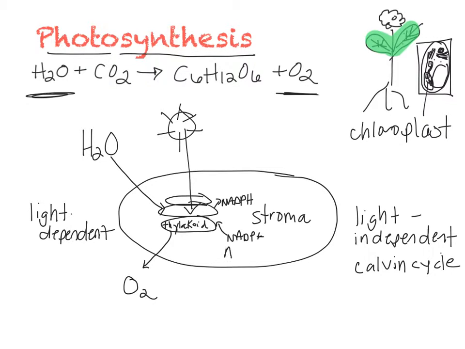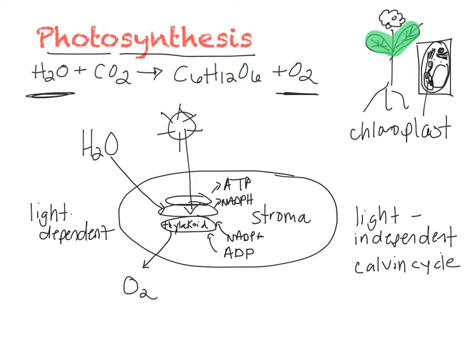The second thing is we use that energy to recharge ADP into ATP. If you're in higher level, you know that's actually a lot more complicated than I'm making it sound. And if you're not in higher level, you can look forward to that next year. But ADP gets recharged into ATP, and that is the light-dependent reaction.